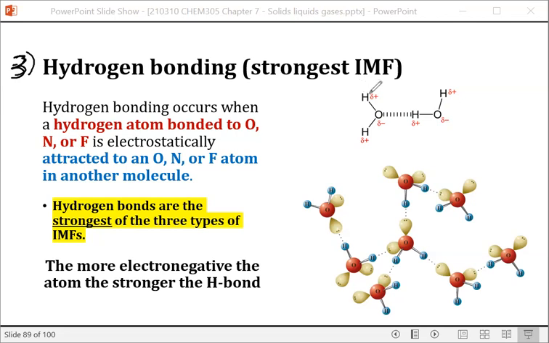So if we look at water, H2O, in water you have a hydrogen bonded to an oxygen, so this can participate in hydrogen bonding. So to see if something can hydrogen bond, you want to scan the structure to see if you have any oxygens bonded to hydrogens, nitrogens bonded to hydrogens, or fluorines bonded to hydrogens. And if you do, then the IMF that molecule has, the strongest one, is going to be hydrogen bonding.